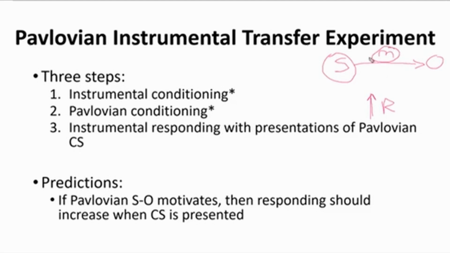So that's our motivation from that association. And that can only happen because of that SO portion. Because as we said, there was no opportunity for a direct SR association to have been learned because the lever and the tone were never presented together.